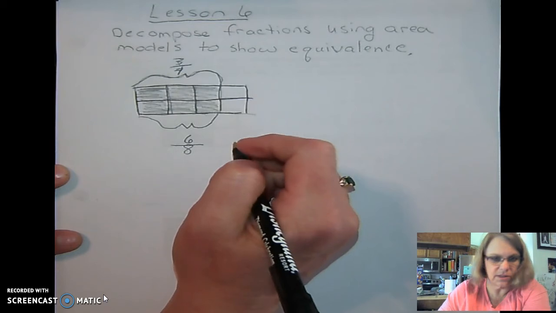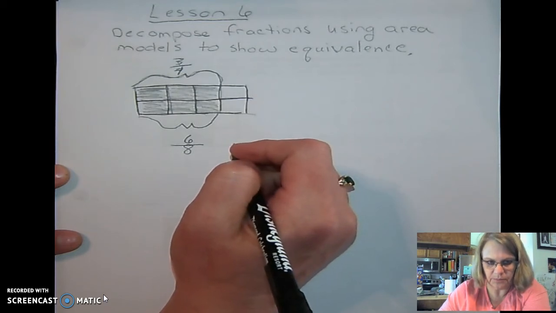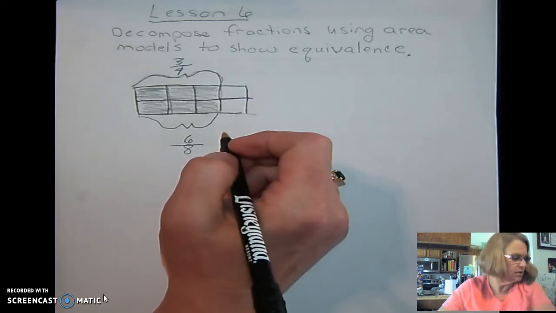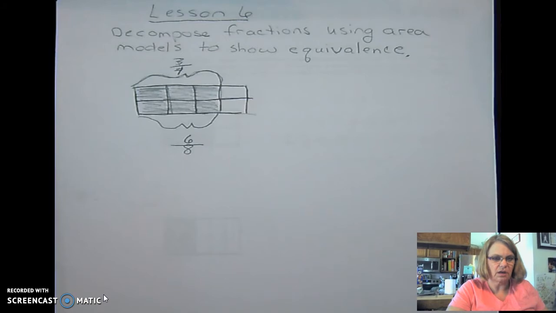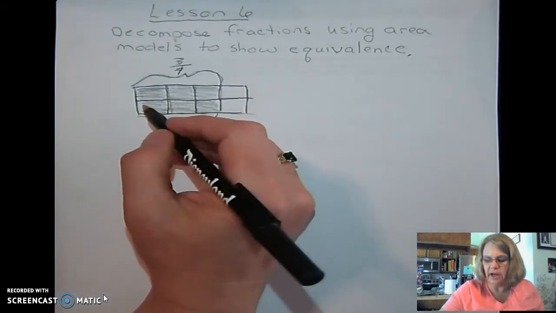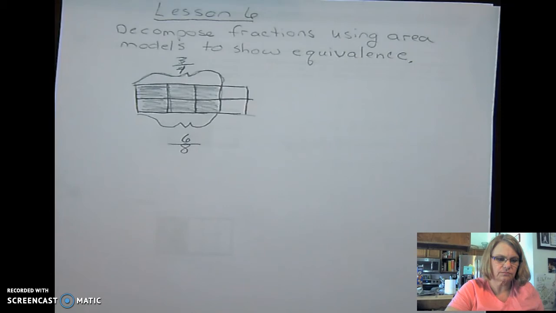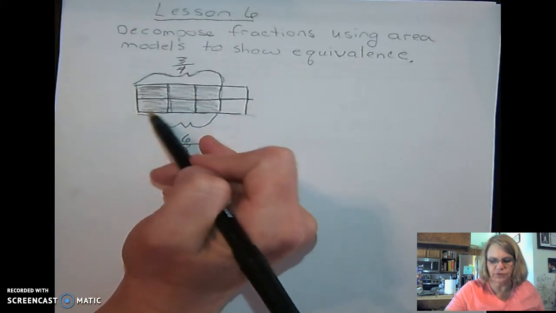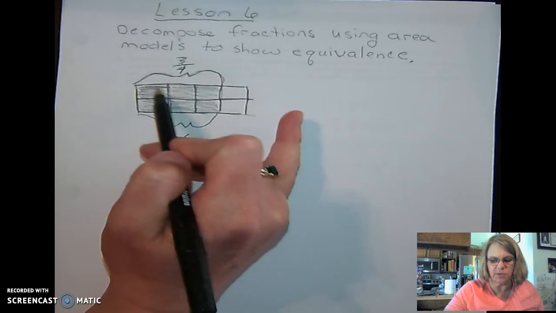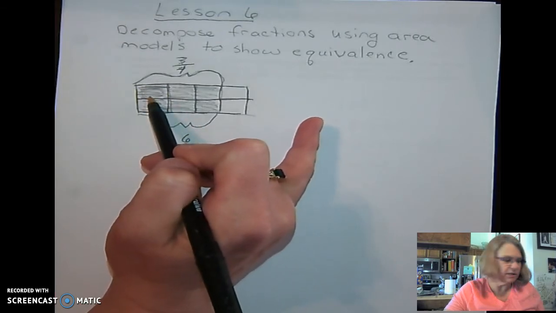So 3/4 is equal to 6/8. However, I have smaller units now. The shaded area didn't change, but the unit that I was working with, this was fourths, the unit got smaller, so now we're working in eighths.